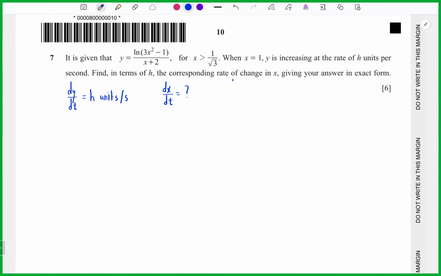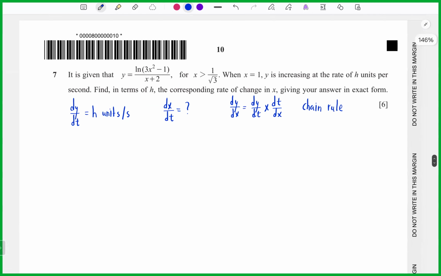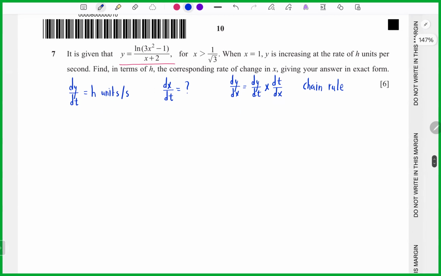So you can try to relate dy over dx equals dy over dt multiply dt over dx. So we can try to relate to the chain rule here. So what should you do? Yes, you need to differentiate this equation first. When you see these equations, right, you need to use the quotient rule. You need to use the quotient rule.